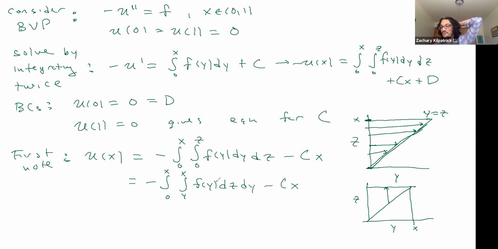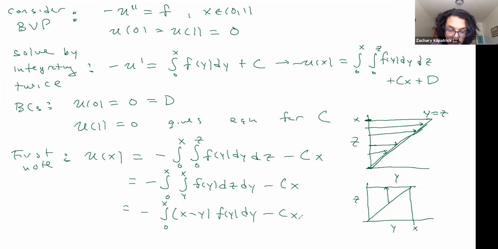Well, because f here now is a function of y, so I can integrate once already, because there's nothing involving z on the interior. So I end up with minus the integral from 0 to x of (x minus y) f(y) dy. Still, I have a minus cx here.